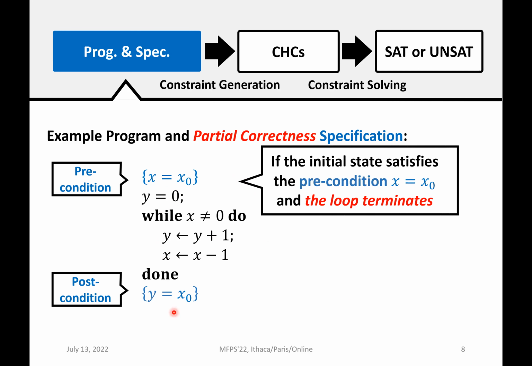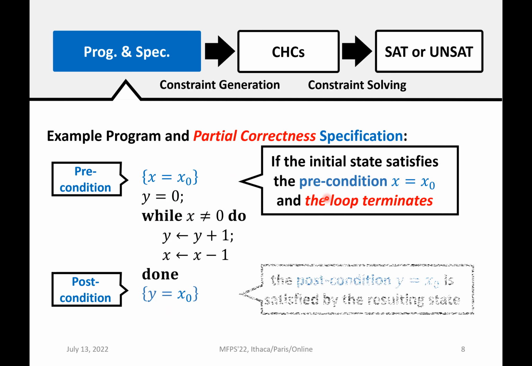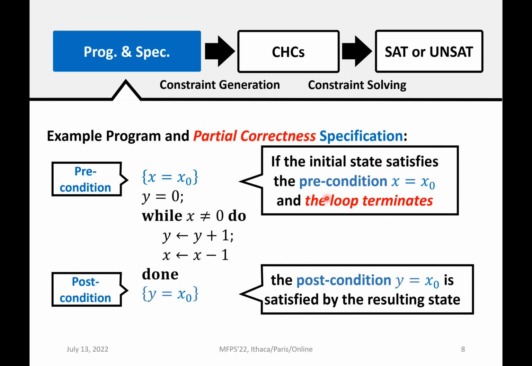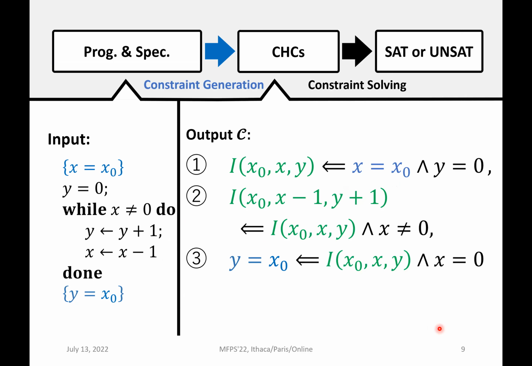This is a Hoare triple, and we want to verify that if the initial state satisfies the precondition, this one, here x0 means the initial value of the variable x, and if the precondition is satisfied and the loop terminates, then the postcondition is satisfied by the resulting state. The verification problem can be reduced to a constraint solving problem.